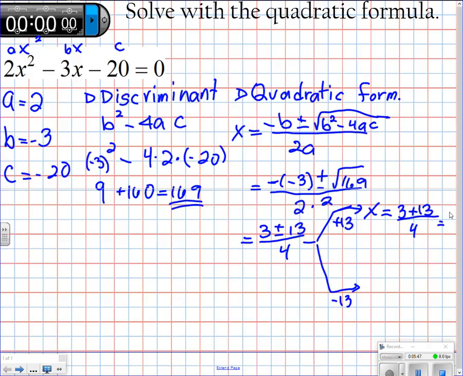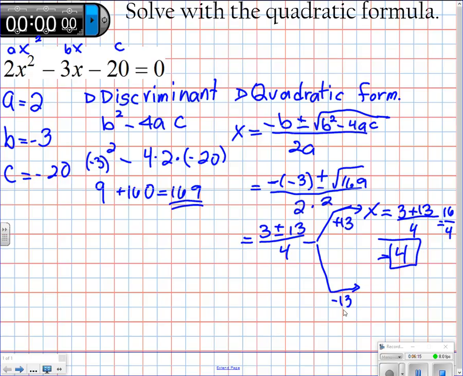Now 3 plus 13 will give you 16, and 16 divided by 4 is the answer. That is an improper fraction, improper because the numerator is bigger than the denominator. How many times can 4 go into 16? So answer number 1 is 4. When the 13 is positive, the answer will be 4.